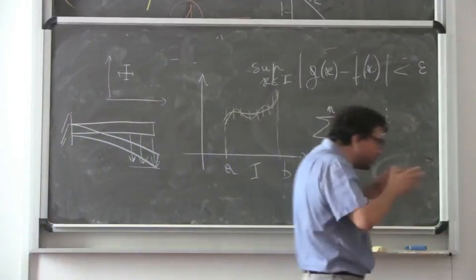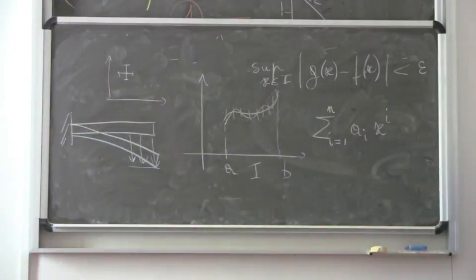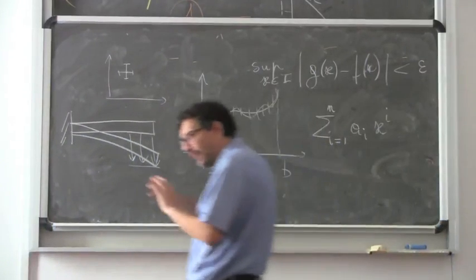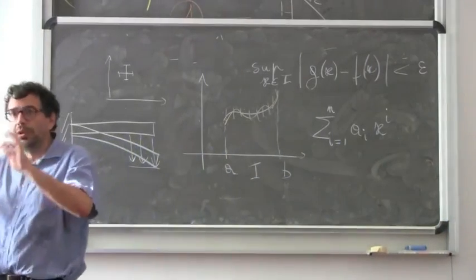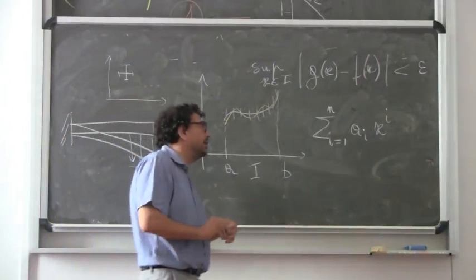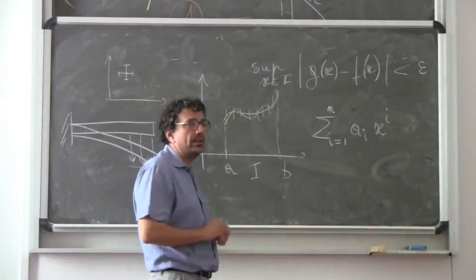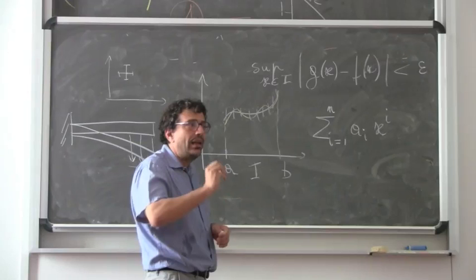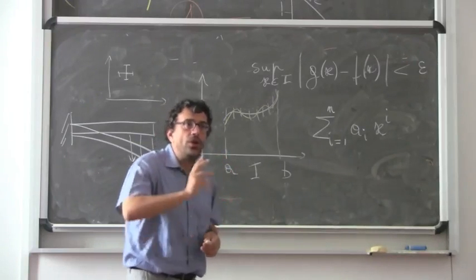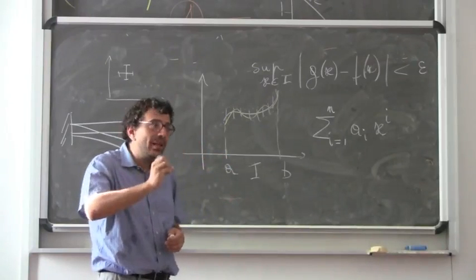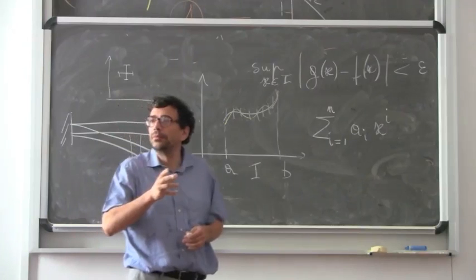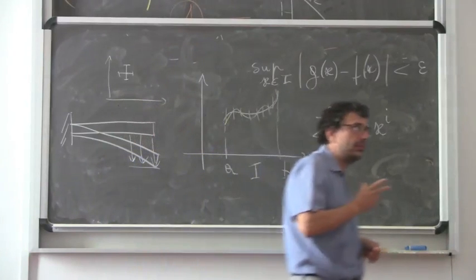Now, I don't want to go too far in this discussion, but I think that we can conclude with this remark. It is a little bit as if polynomials were the corresponding of rationals in real numbers.